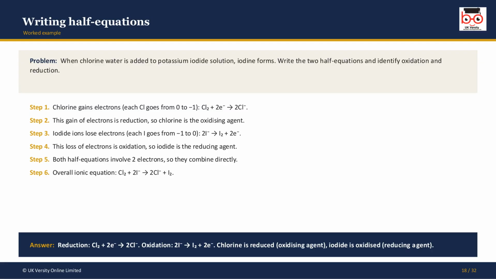Meanwhile, the iodide ions lose electrons, each iodine going from -1 to 0. So 2 iodide ions give iodine plus 2 electrons. That loss is oxidation, making iodide the reducing agent. Both halves involve 2 electrons, so they combine straight into chlorine plus 2 iodide ions gives 2 chloride ions plus iodine.